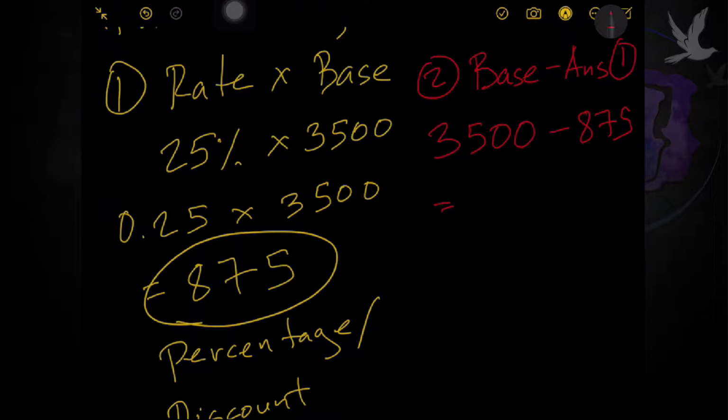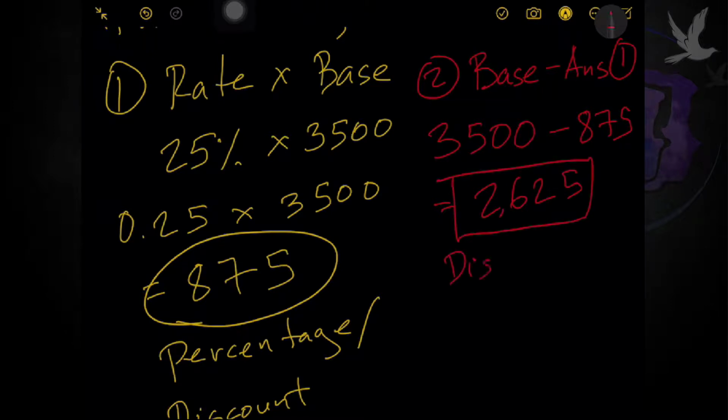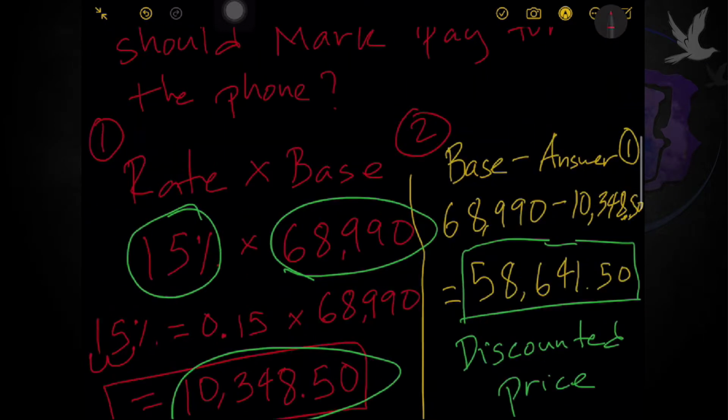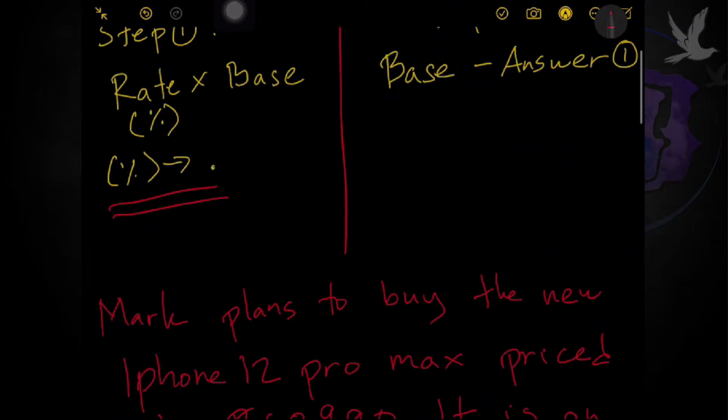Okay. 3,500 minus 875 is 2,625, which means this is now the discounted price. Which means this is the amount of money that Dion needs to pay the cashier, the owner, or whoever it is. Okay. So this is how you solve for discount. Okay, madali lang ha. Solving for discount.